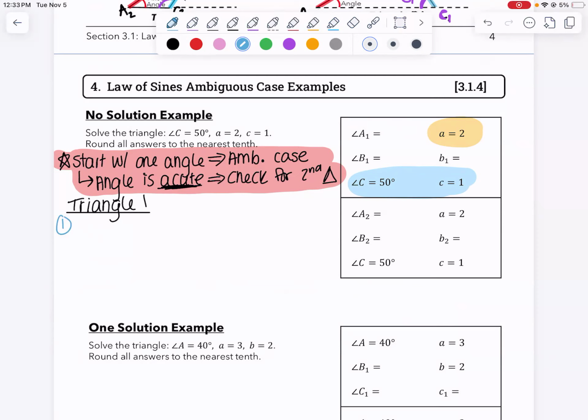So sine of angle A divided by a is equal to sine of angle C divided by c. We'll say sine of angle A1, because there could possibly be other angles. I would be multiplying this a up here, and then taking sine inverse.